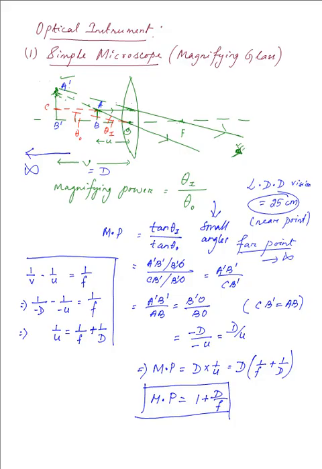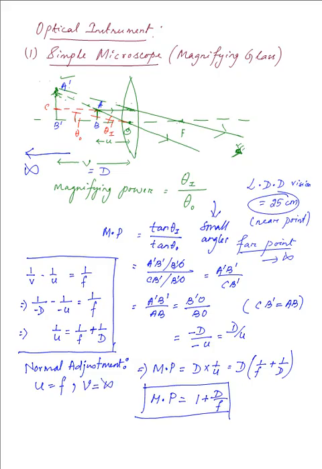For the image to be formed at infinity, you need to have the object at the focal length. So we call that the normal adjustment. In case of normal adjustment, we place the object right at the focal length of the given lens, as a result of which the image distance now goes to infinity.